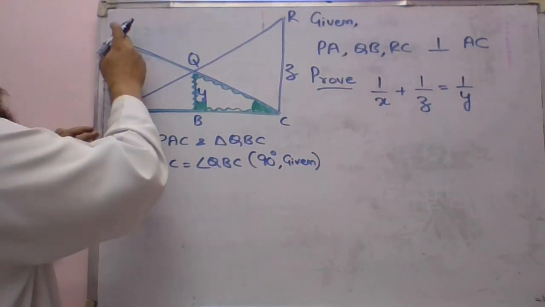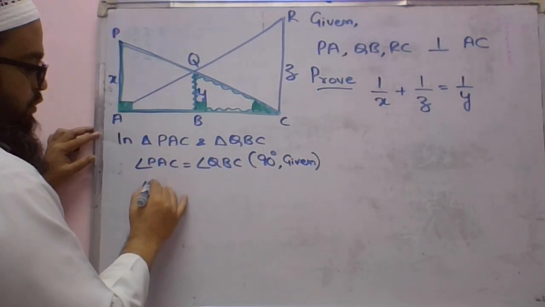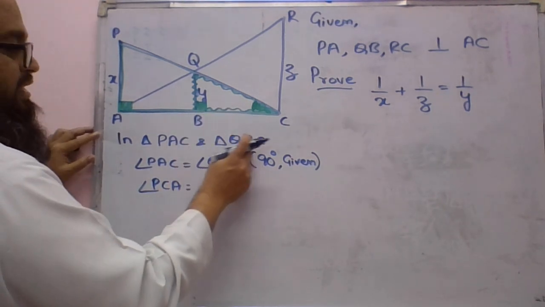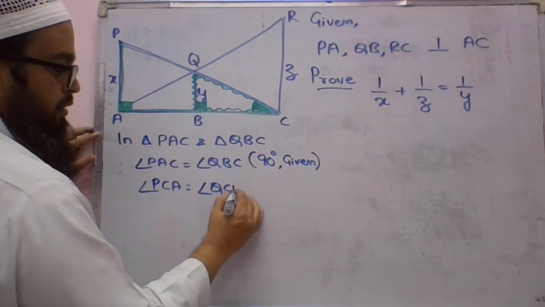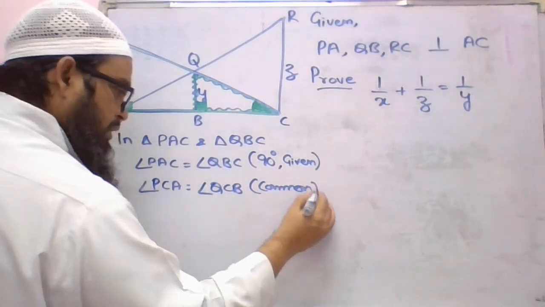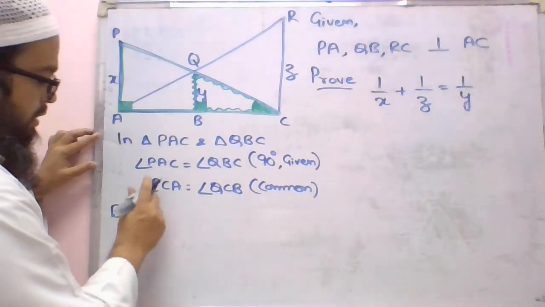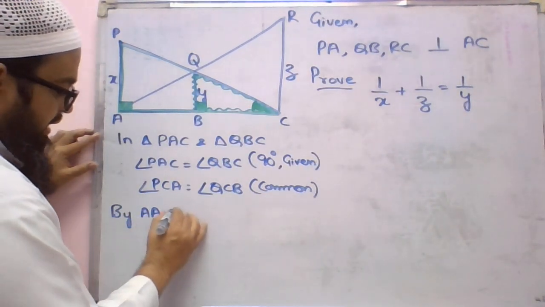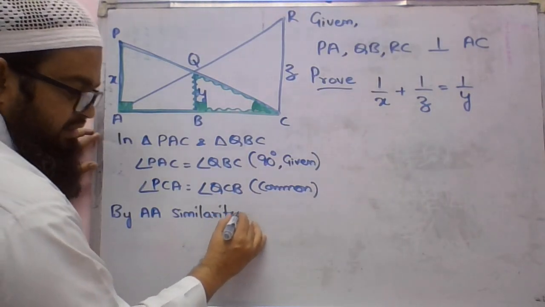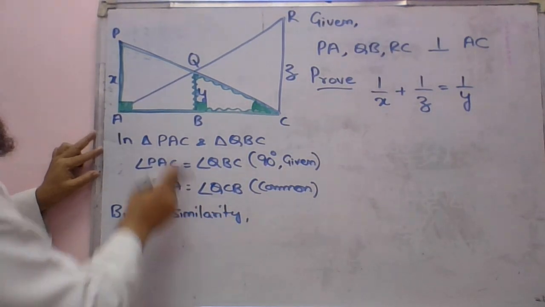So let me write it along with its arms: angle PCA is equal to angle QCB. What is the reason? Common. So therefore by AA similarity criterion, because when two angles are equal, the third angle is automatically equal.